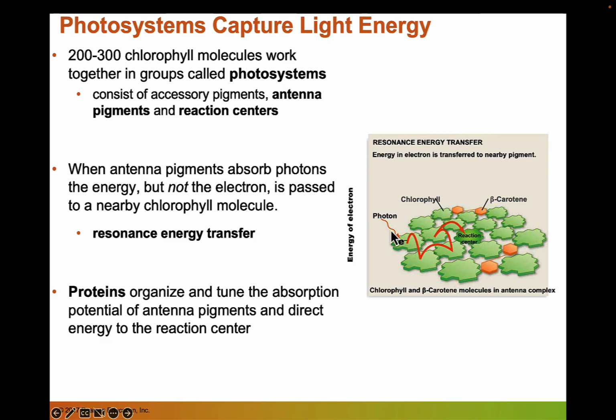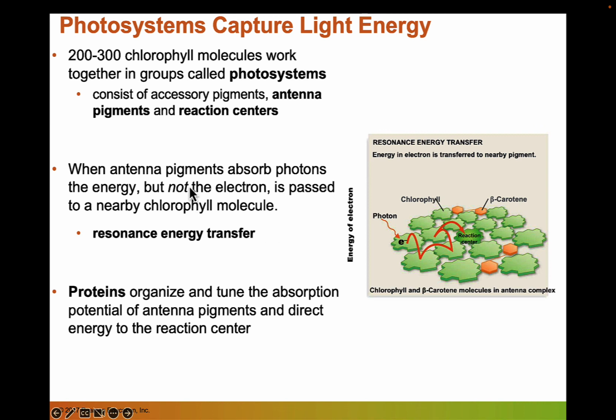So when light strikes an antenna pigment, the light energy is absorbed and you get an excited electron, but it transfers not the electron, but energy, to the next accessory pigment. That accessory pigment's electron will become excited and fall back down, and the energy, when it falls back down, is transferred to another accessory pigment and another one, directing that energy towards the reaction center.